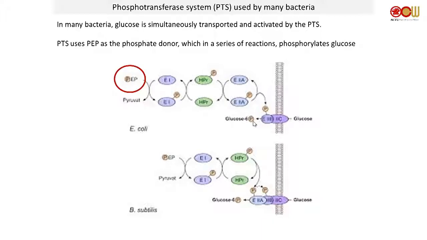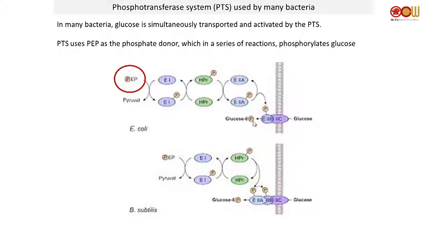In many bacteria, such as E. coli or Bacillus, glucose is simultaneously transported and activated by the PTS system. PTS stands for phosphotransferase system.